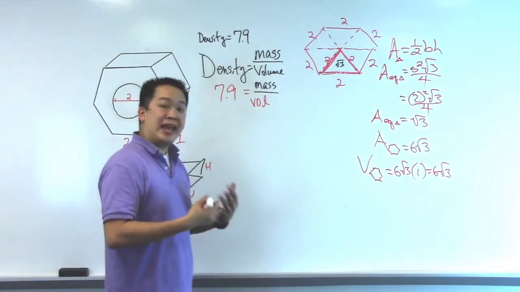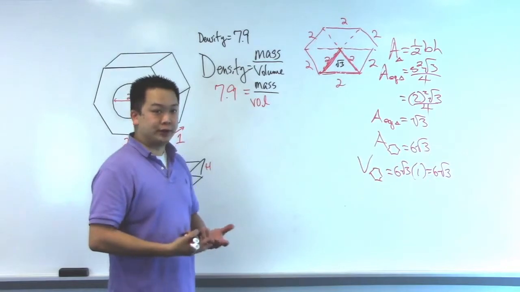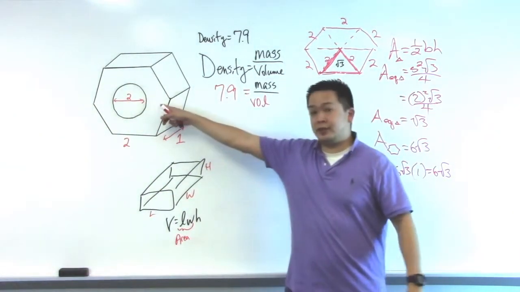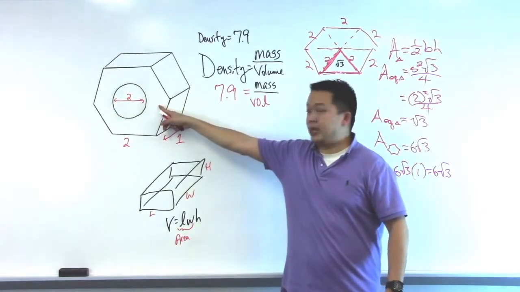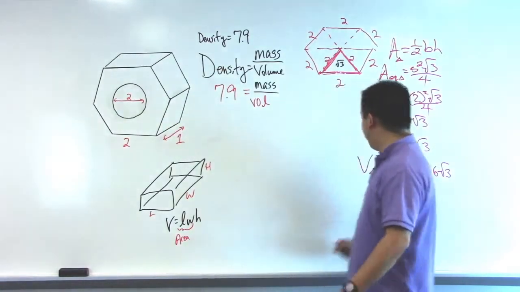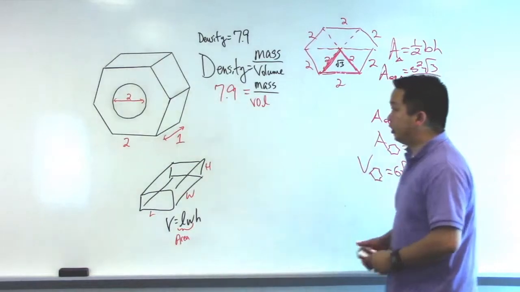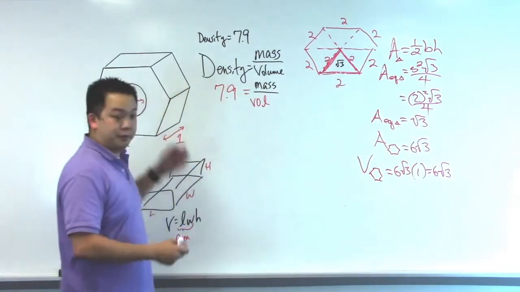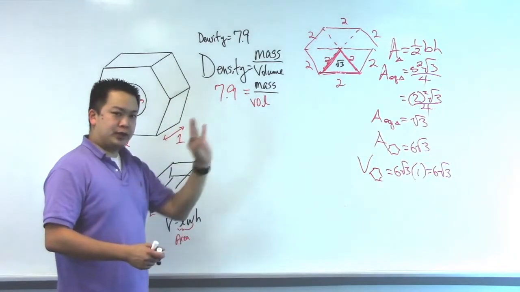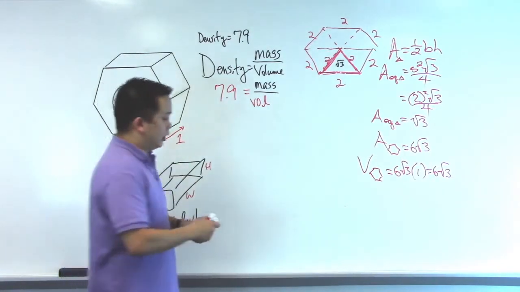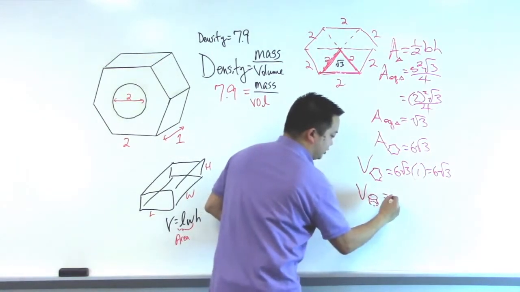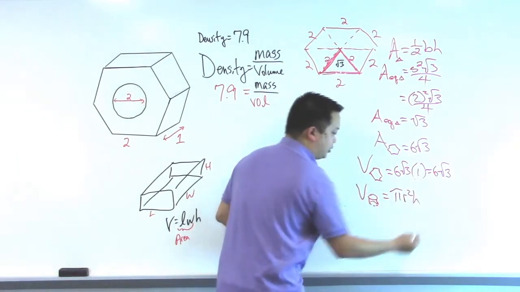But now if we are able to solve for the volume of that cylinder, or that hole in the middle of this metal nut, we would be able to then subtract that out from the value that we've just calculated. So how do we actually do that? If you can imagine that the hole that is drilled in the middle, if you look through it, it would be a cylinder. And so therefore, the volume of a cylinder is equal to pi times r squared h.